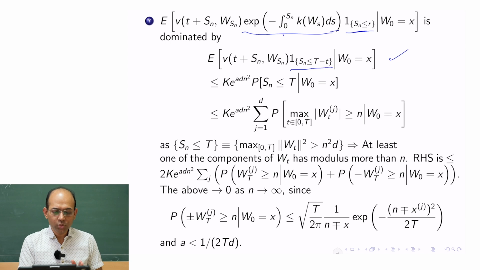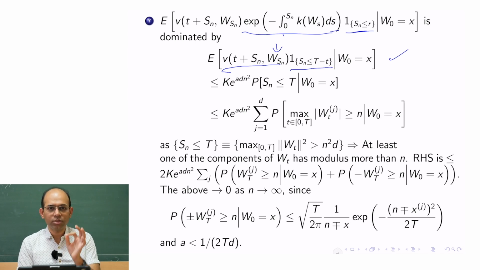Now here we use the growth property of v. The growth property of v says that v of t plus Sn, Wsn is less than or equal to k times e to the power of a times the norm of x squared, but x here is the Wsn, and Wsn is what?